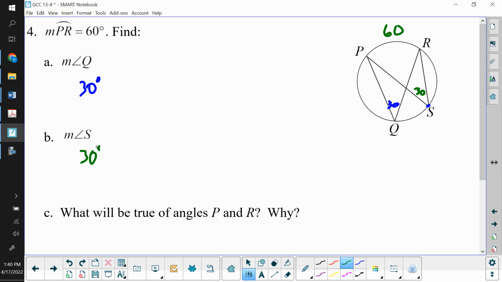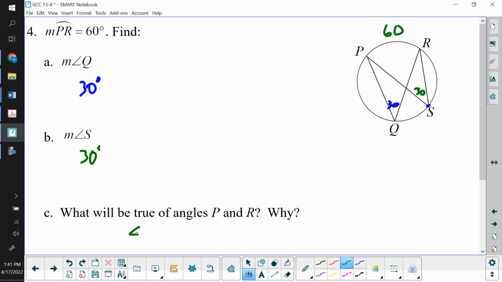Now, if we peek at P and R, first thing to notice is that P and R are both inscribed angles, and they are both opening up to QS. So what must be true about them?